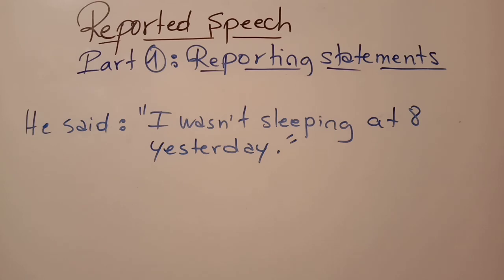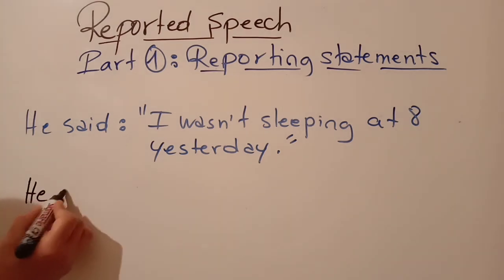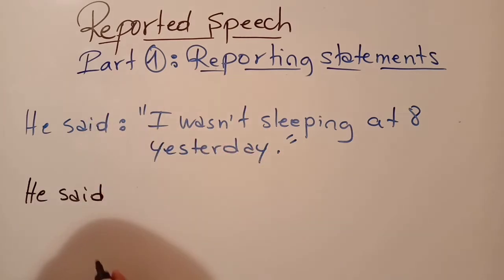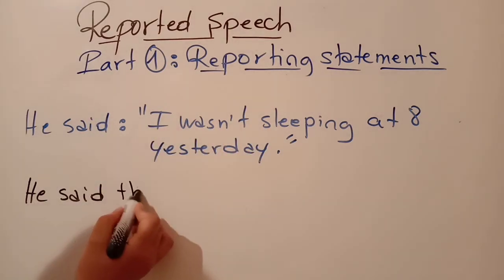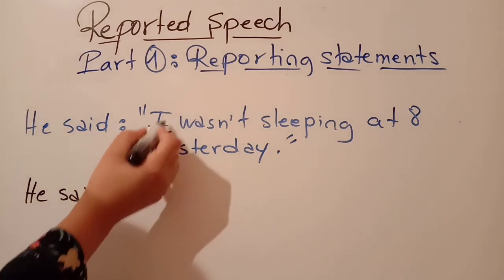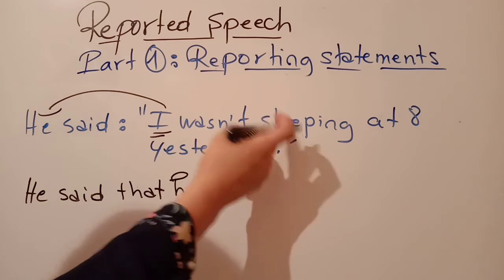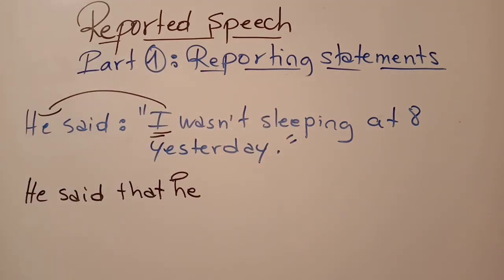Okay, so part one, he said. Okay, you have a negative statement, so always we link with that. He said that. I refers to he, that he wasn't sleeping. Which tense? It's past progressive. So the past progressive becomes past perfect progressive. Okay?